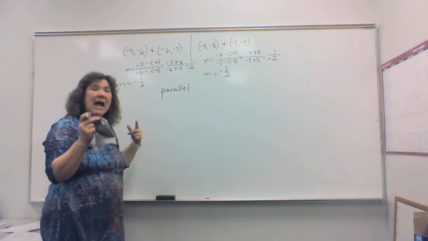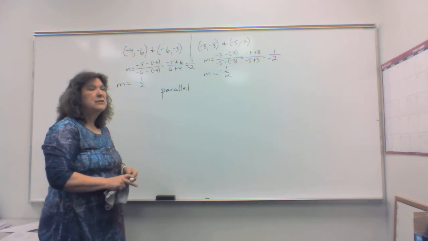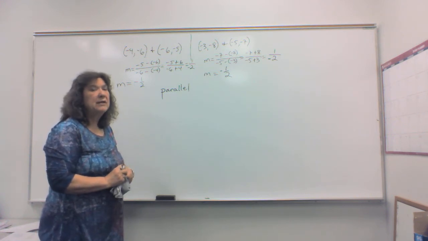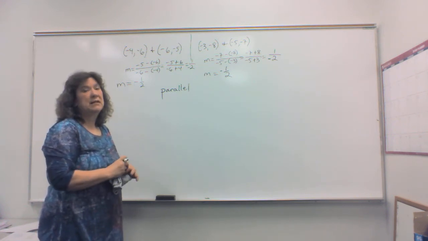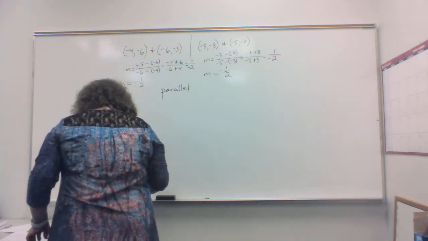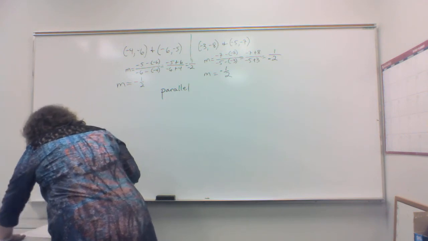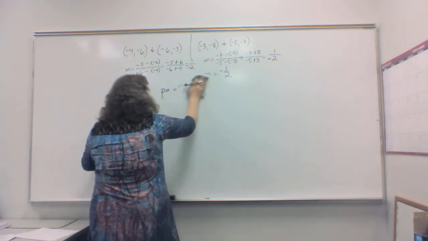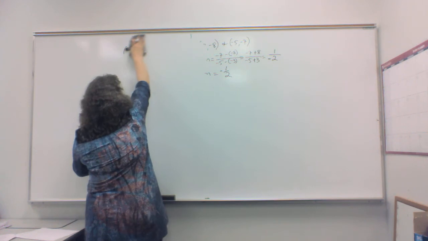So I knew there had to be a mistake somewhere. So don't be afraid to recognize that you can make mistakes on these. It's okay. You just go back and you fix it, okay? So let's look at another example and see what we come up with on that one.